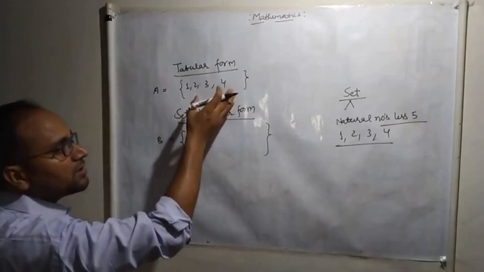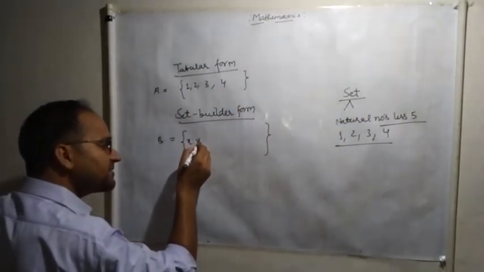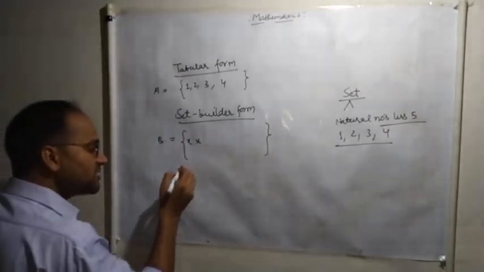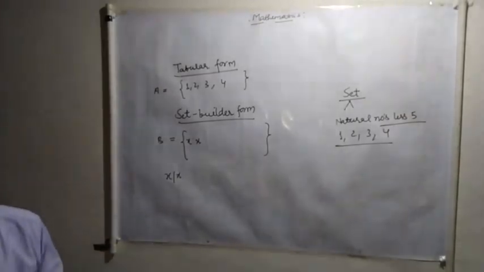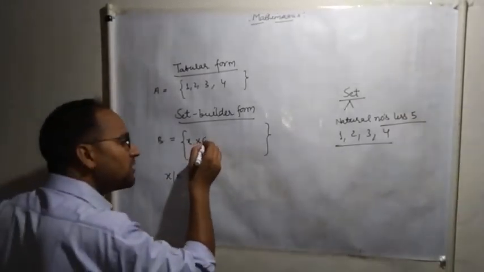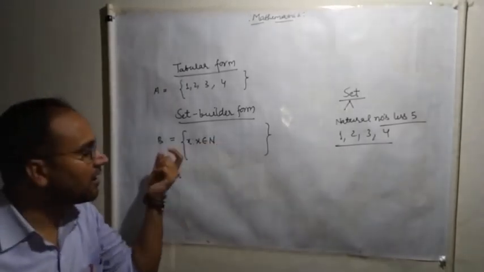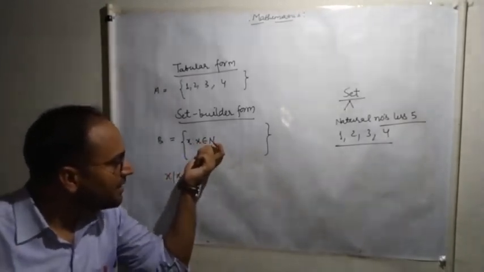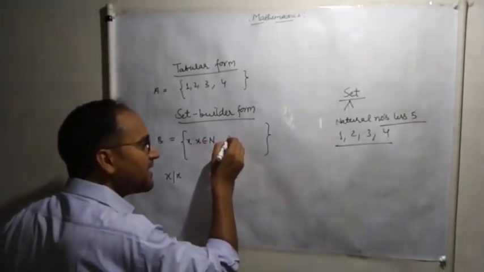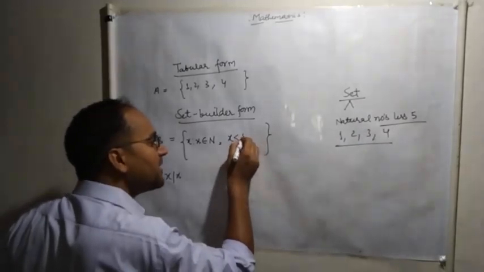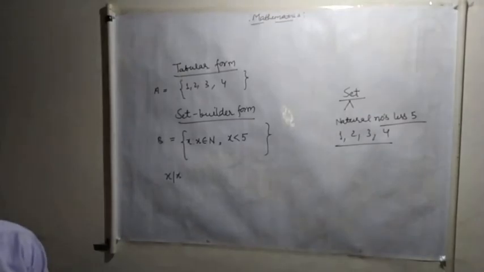Because 1, 2, 3 belong to natural numbers, we write x such that x belongs to N, where N represents natural numbers, and x is less than 5. This is known as set builder form.